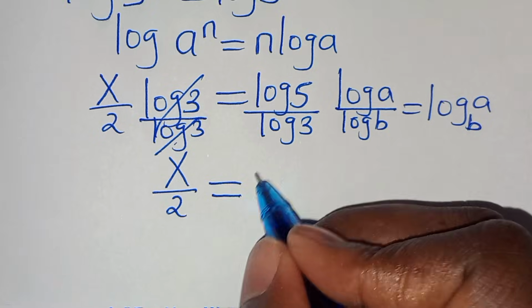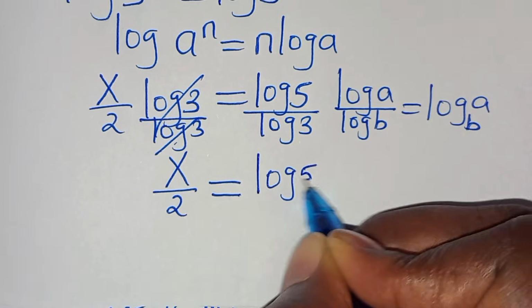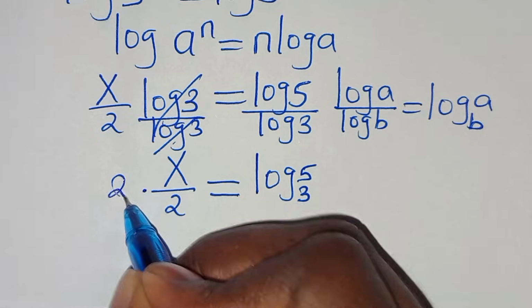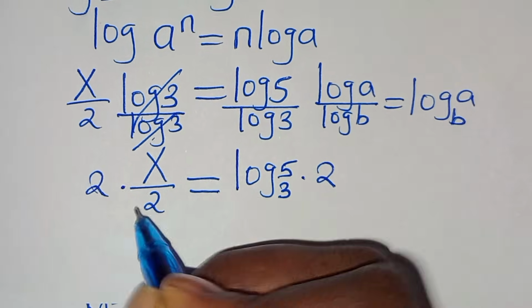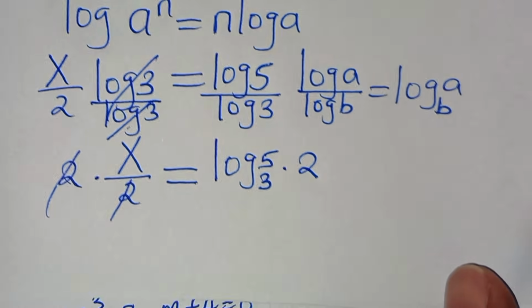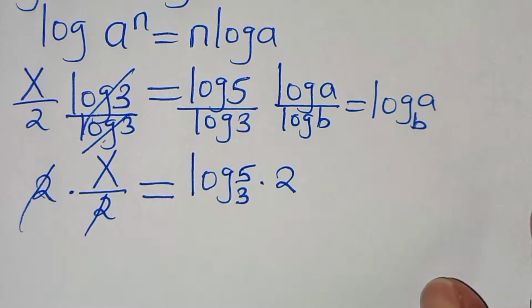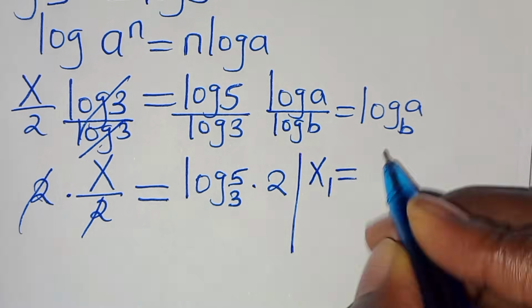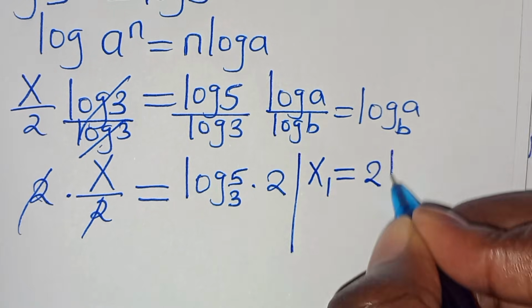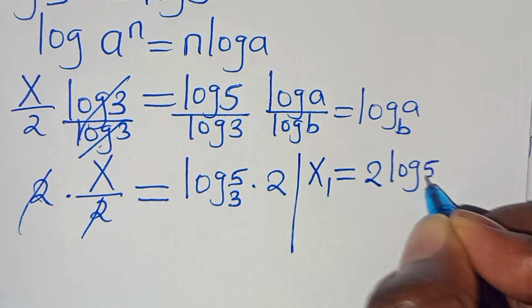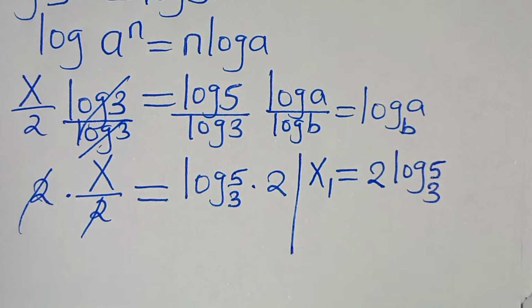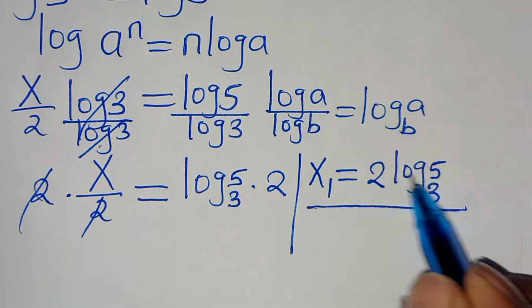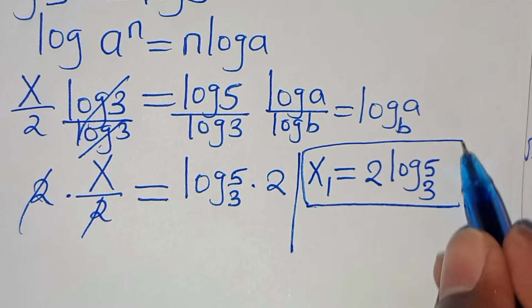So this means that here we have log 5 to base 3. Let's multiply both sides by 2, so that now we have the first value of x, that is x1 is equal to 2 log 5 to base 3. We have x1 is equal to 2 log 5 to base 3.